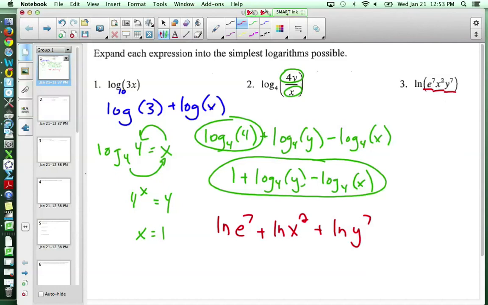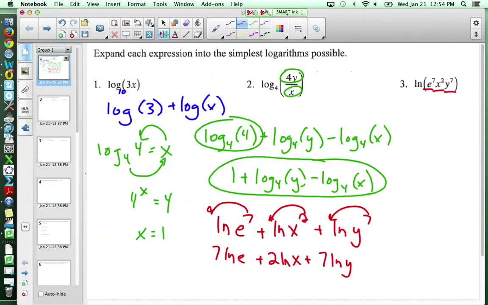Then all of these exponents, because they're inside of a logarithm, we can swing out to the front of each term. So we end up with 7 times the natural log of e plus 2 times the natural log of x plus 7 times the natural log of y.